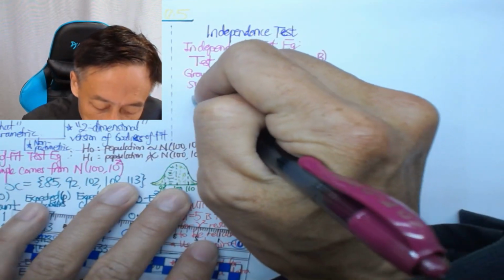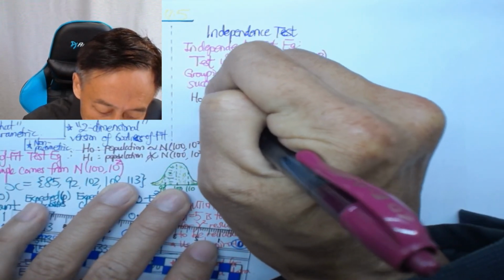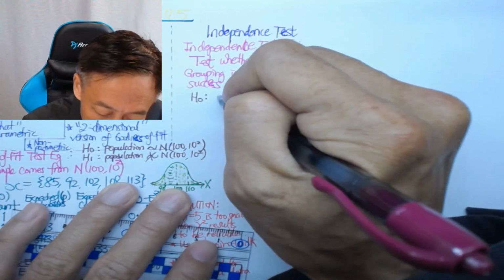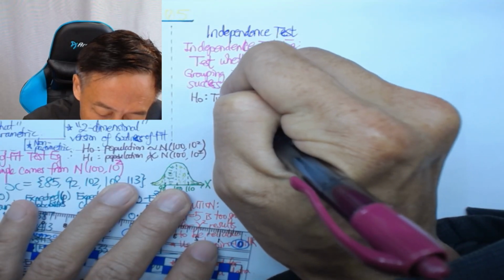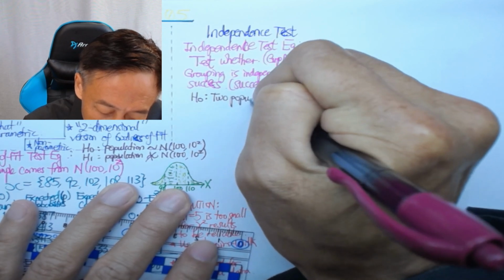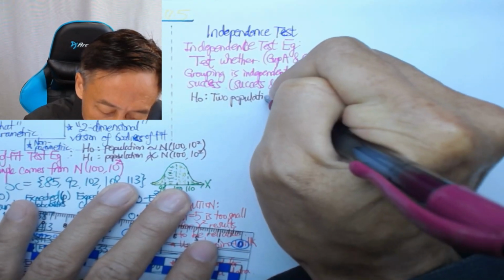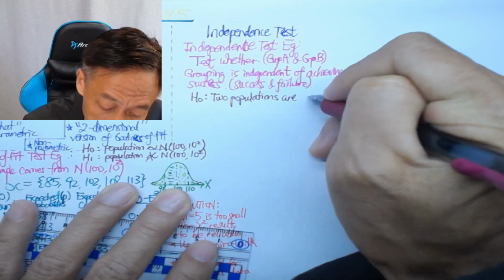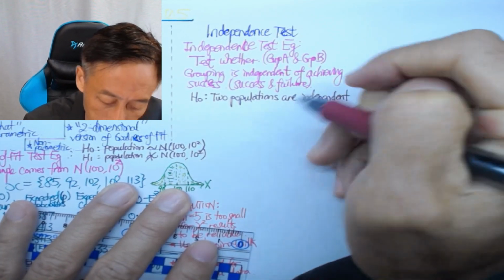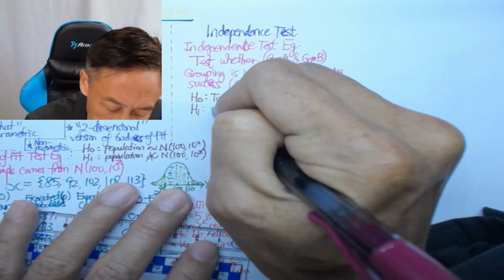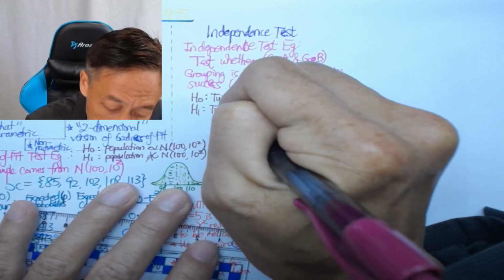Then we will say that H0: the two populations are independent. H1: the two populations are not independent.